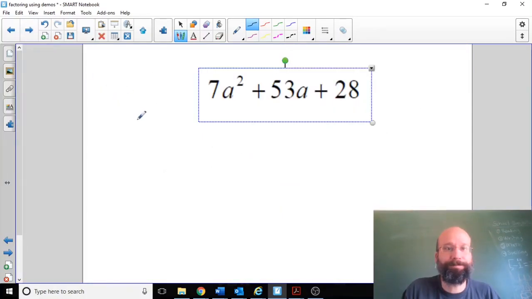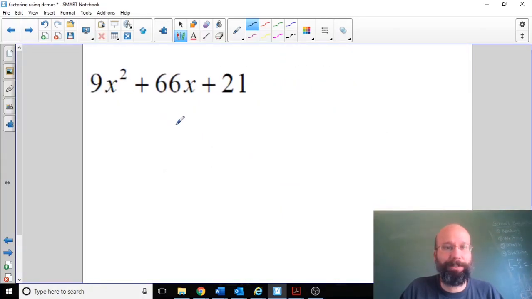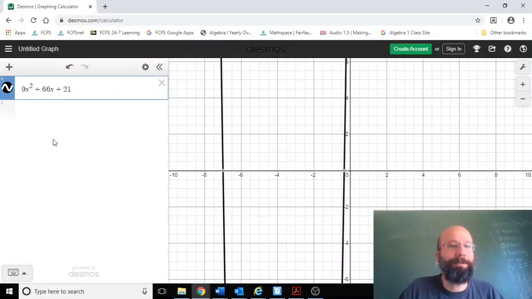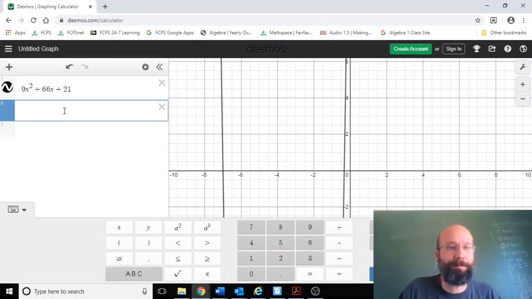I think this other one. Alright, so this one is 9x squared plus 66x plus 21. So I'm going to use Desmos. Alright, so I typed it in, and our zeros, our x-intercepts, are -7 and -0.33. This is a repeating decimal, so -0.333.